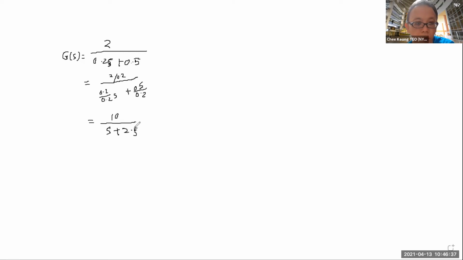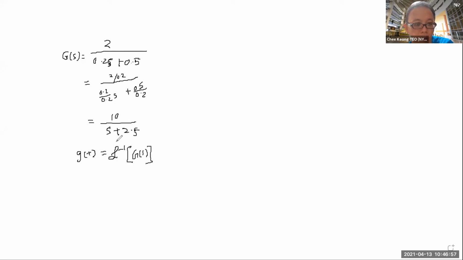Now you want to change this back into g(t). In the time domain, you write it in a small letter. You'll be taking the Laplace inverse, written with this symbol, L to the power minus 1, of G of S, right?